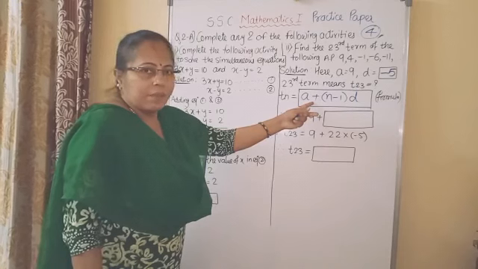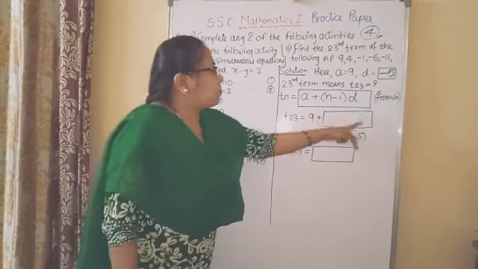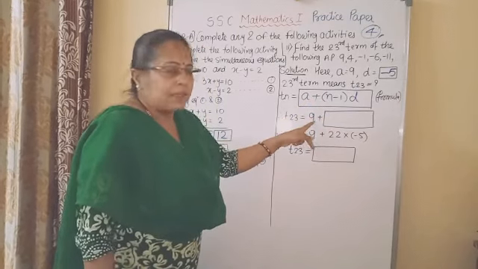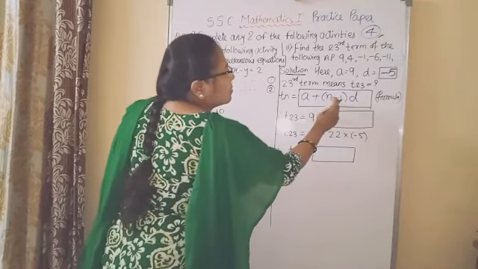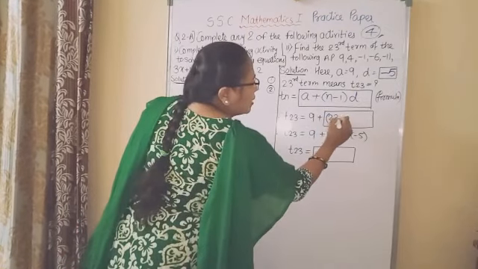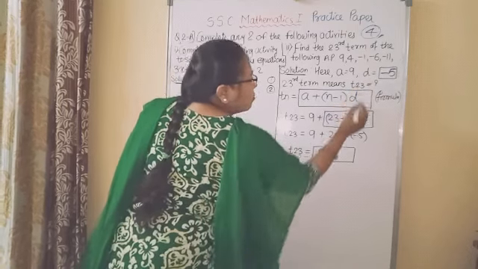So formula we completed. t23 is equal to 9 plus box. So we have to substitute values. a is equal to 9 plus bracket n minus 1. n we have to take 23. So 23 minus 1 into d. d is equal to minus 5.